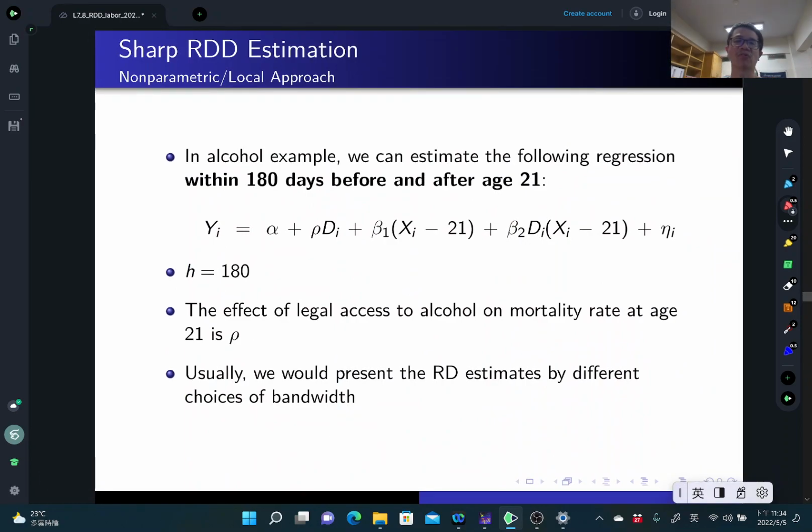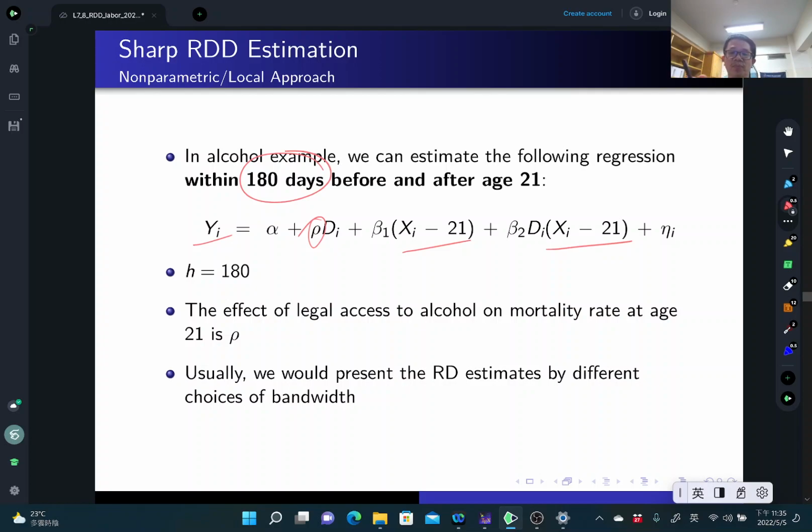For this alcohol example, we might choose a bandwidth of 180 days before and after the 21st birthday and run this local linear regression. We focus on the coefficient on the treatment dummy, which captures the discontinuity at the cutoff, that is, the difference between the two lines where they intersect at the cutoff.